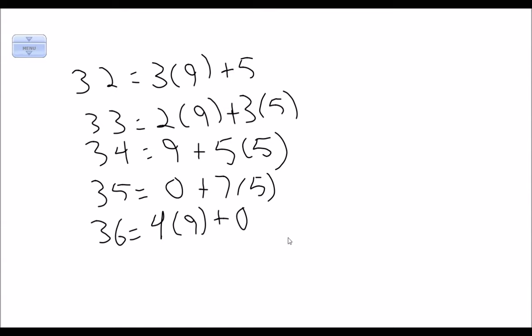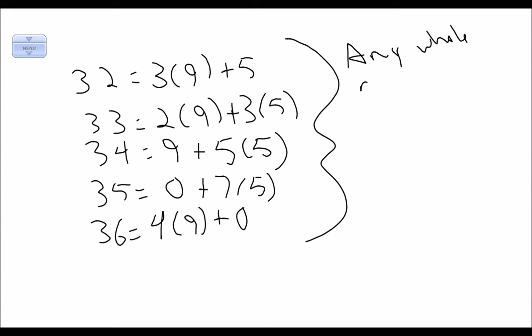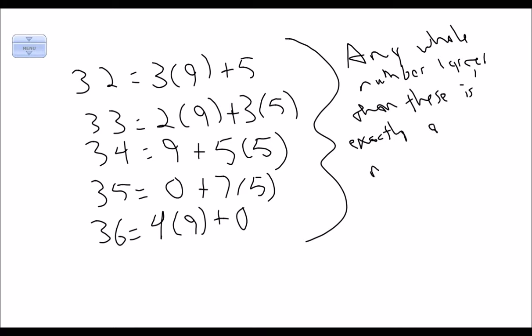Now, any number larger than these, any whole number larger than these, is exactly a multiple of 5 larger than one of these.